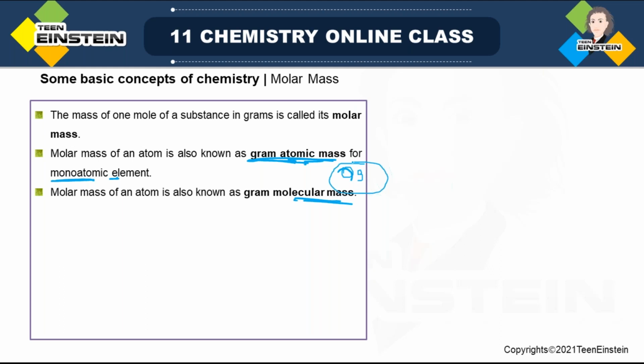So now it is the mass of a molecule. That is why the term changes from gram atomic mass to gram molecular mass, because it is no longer an atom, now it is a molecule. Though all are the same atoms, it is a molecule. Similarly, if it is any compound where 2 or 3 elements are present, just like glucose, then also you can say molar mass or gram molecular mass.